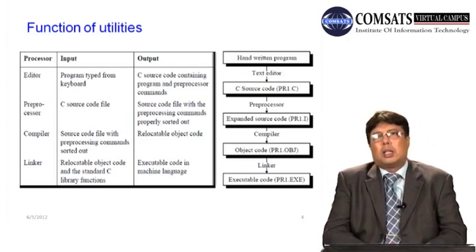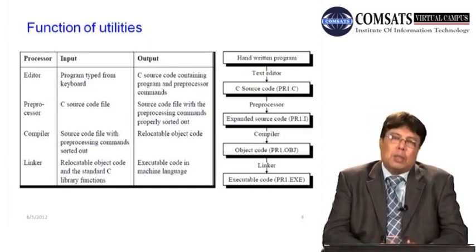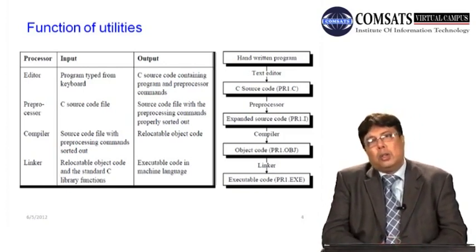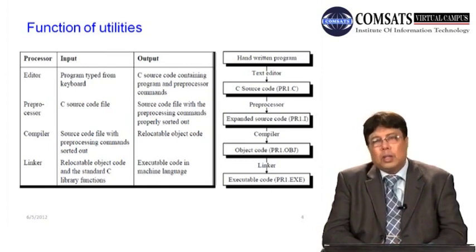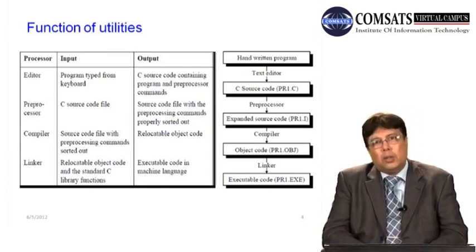The linking process has not been completed. The addresses of the variable names that you have provided are not linked together, and the addresses of the functions that you have used in your code are not resolved. So this is done by a utility called the linker.